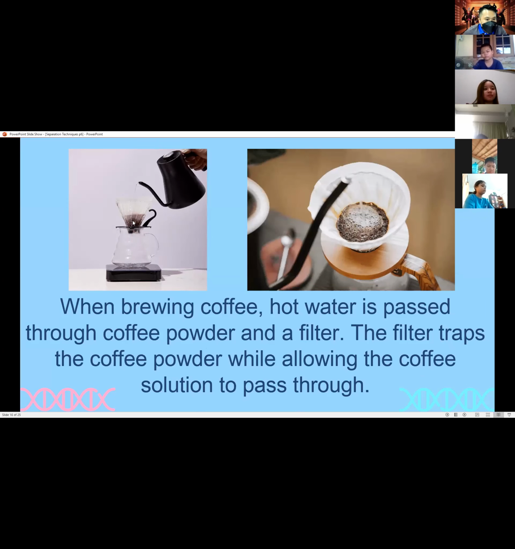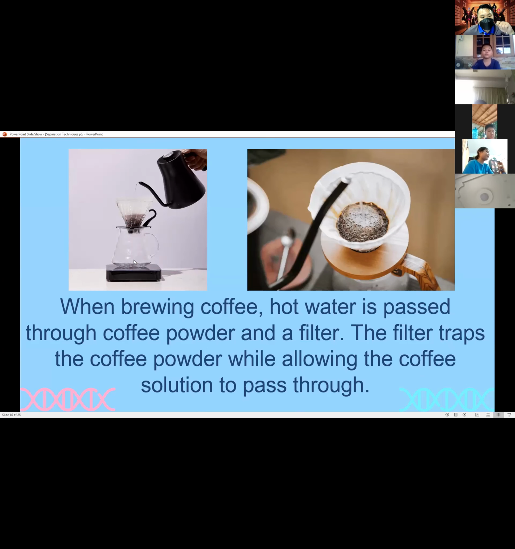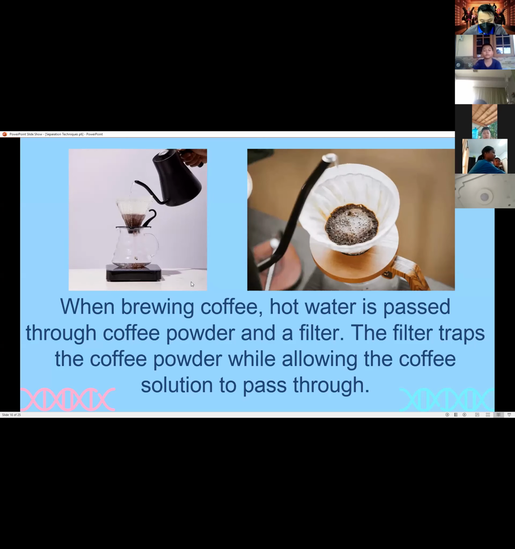And the solid or large particles of the coffee will stay here and cannot go here. So when you drink coffee, there are no large particles, only the liquid. Okay, no solid anymore.